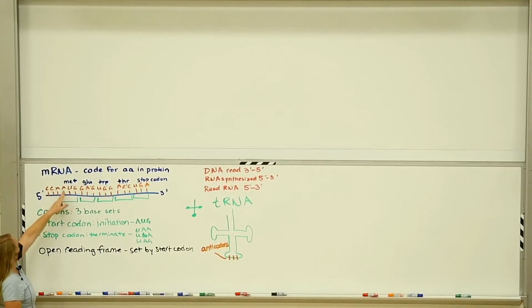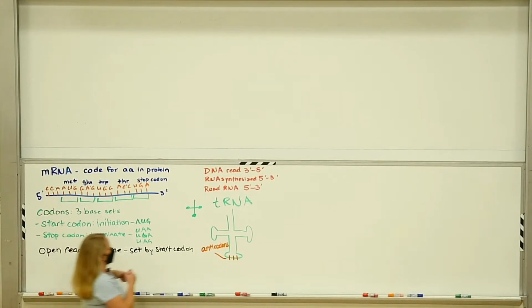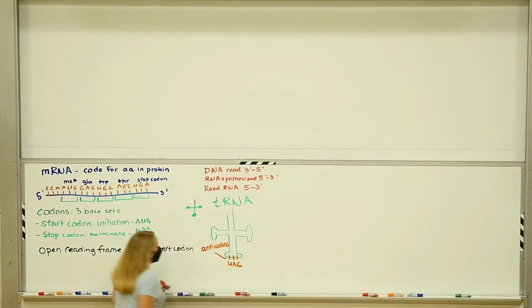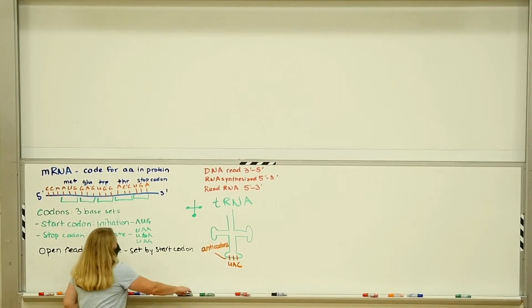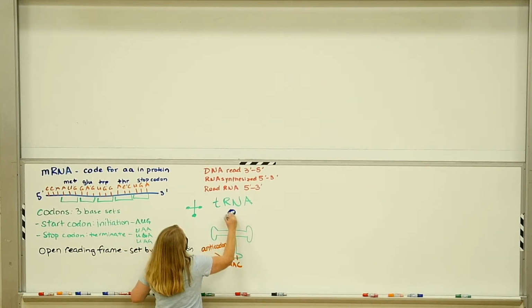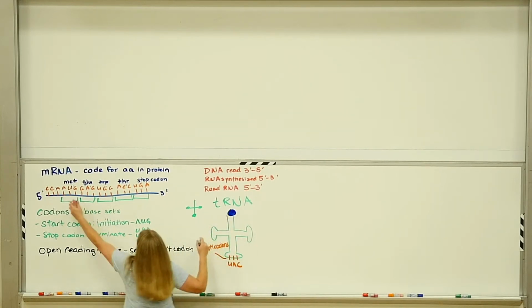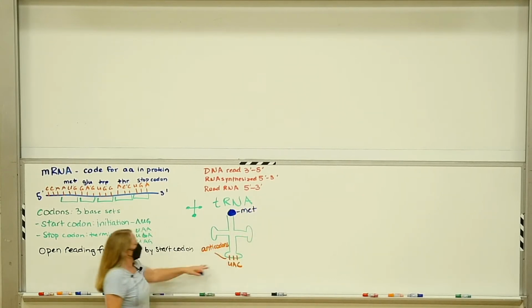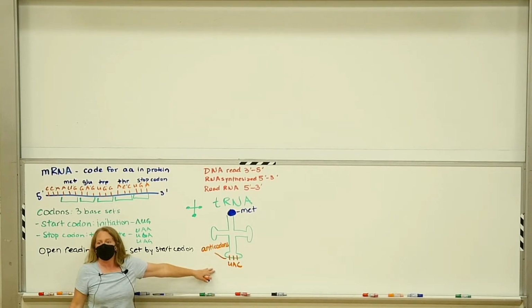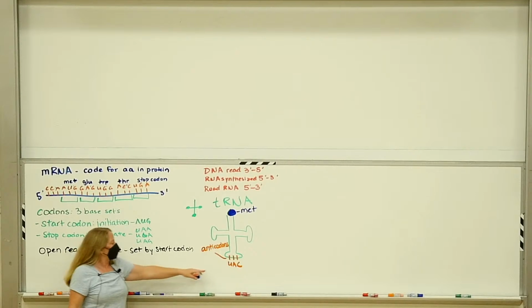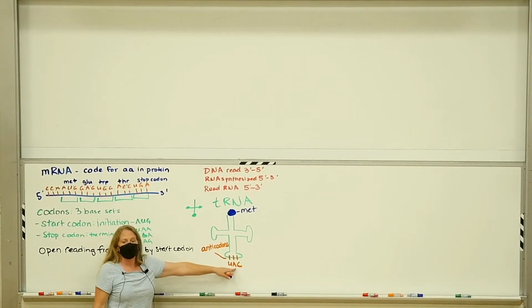So AUG would be UAC. And this stem up here is where it's going to hold the amino acid. In this case, AUG is coding for methionine. So this is going to be a methionine amino acid that gets carried on this particular tRNA. It will always carry methionine. That's the only thing it can carry because that's what it's coded for.